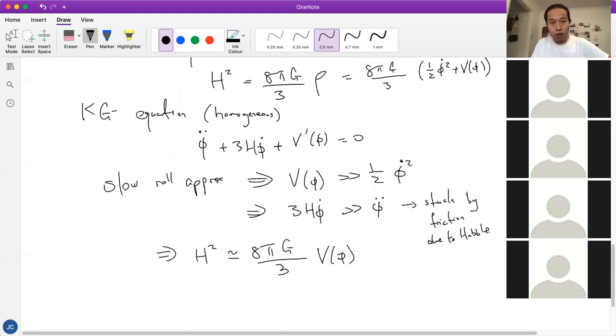And similarly, your Klein-Gordon equation will be dominated by the damping term. So your Hubble friction is the only thing that's really doing anything here. And that's approximately equal to minus v dash of phi. I don't know why I took it to the other side. Doesn't really matter. It's the same thing.